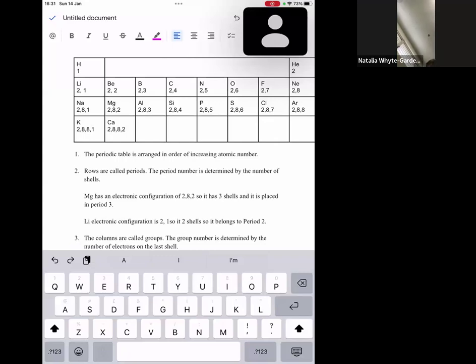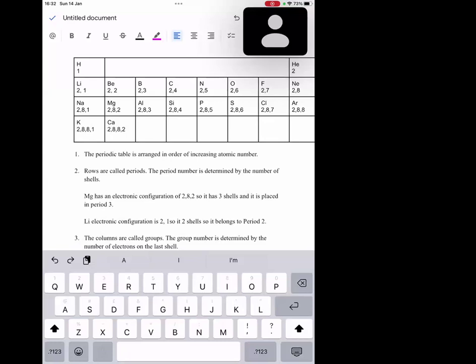So what we need to understand is the number of electrons on the last shell. The electrons determine the chemical property. That's the note that you need to make. The electrons determine the chemical property. And all elements with the same number of electrons on their last shell will react the same way. Is this clear?